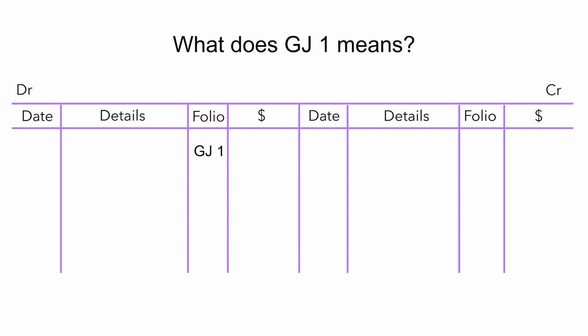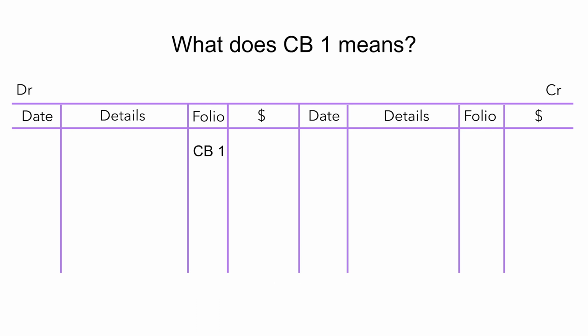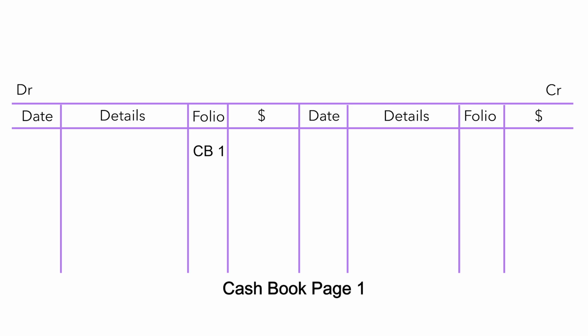What does GJ1 mean? General Journal, page 1. What does CB1 mean? Cash book, page 1.